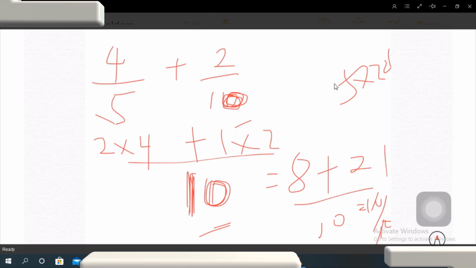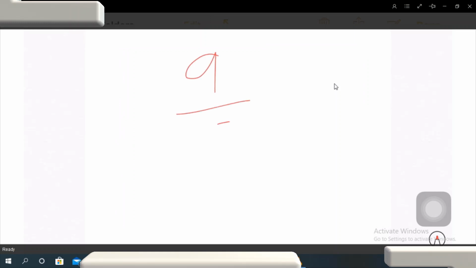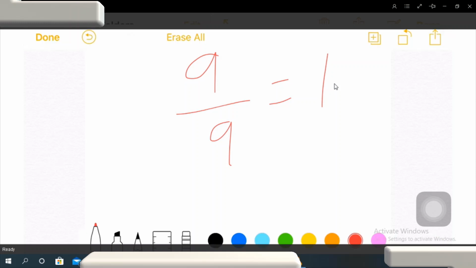The same number over the same number is equal to 1. A over A is equal to 1. U over U is equal to 1. Okay. So that's the explanation for root.